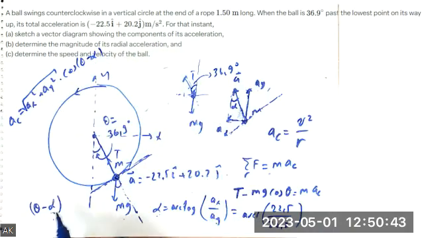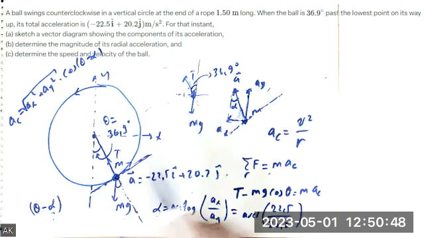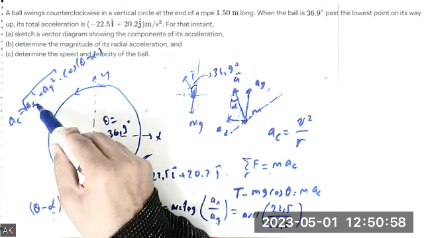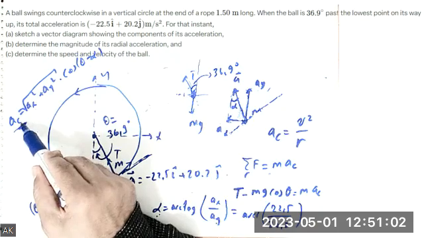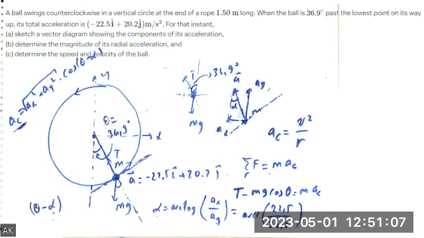Alpha is found from this equation. Once you find alpha, you put it over here, take the cosine of the difference, and multiply by the square root of AX squared plus AY squared to find the acceleration along the radial direction. It's a little bit complicated, but that's how it goes.